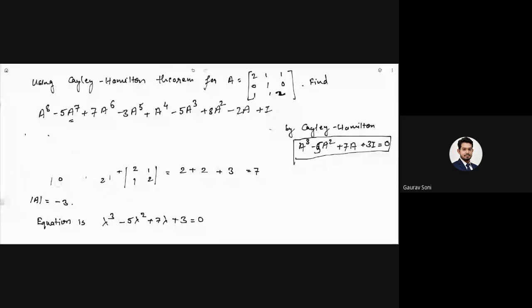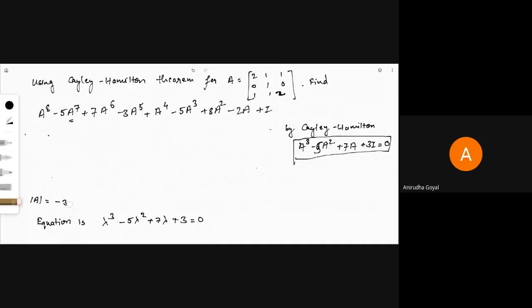Can you think of some way of making this equation from the given equation? Sir, we can take A to the power 5 common in the first four terms of the equation.